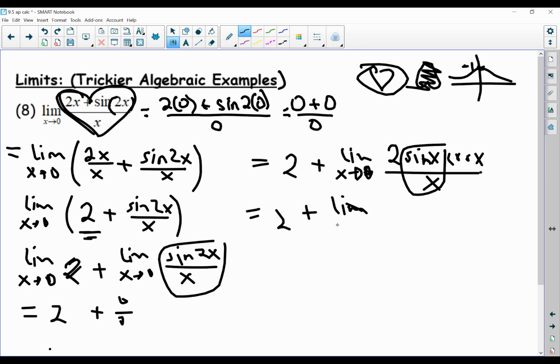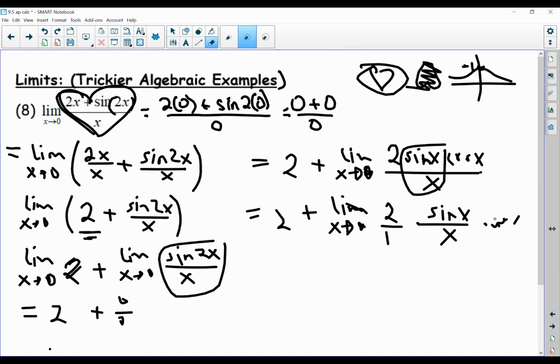So what I'm going to do is rewrite the second expression as 2 over 1 times sine of x over x times cosine x.